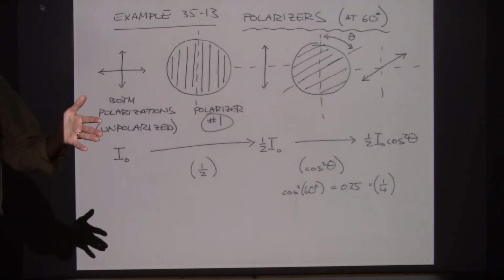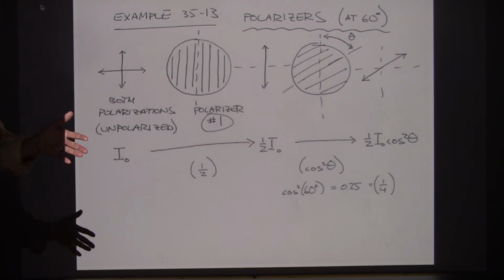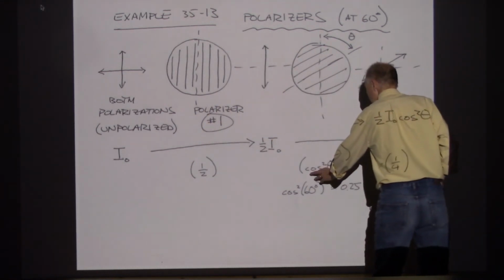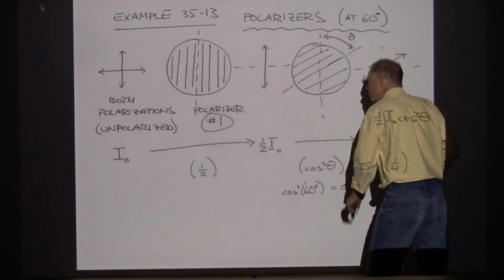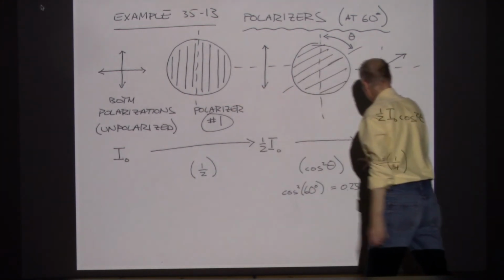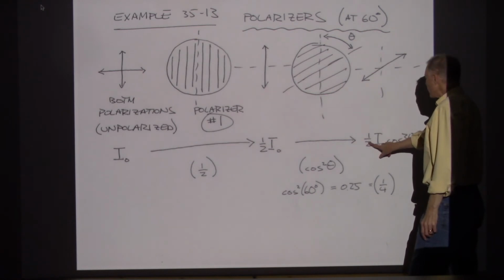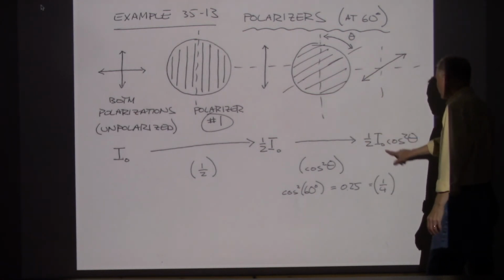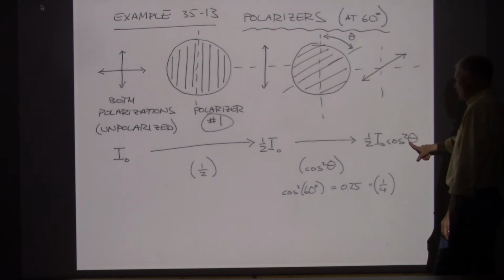So the component is cosine 60, and the intensity is the cosine squared. So I'm going to keep that factor of 1/2 from the first polarizer. That hasn't changed. But now, because of the second polarizer, I have an additional factor of cosine squared theta.